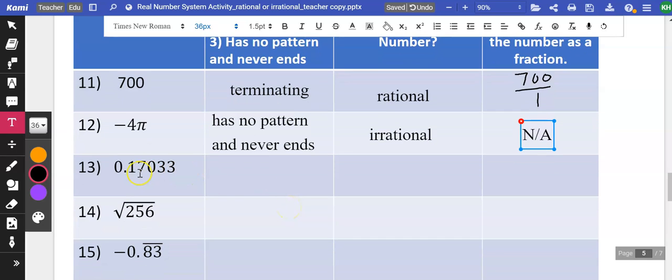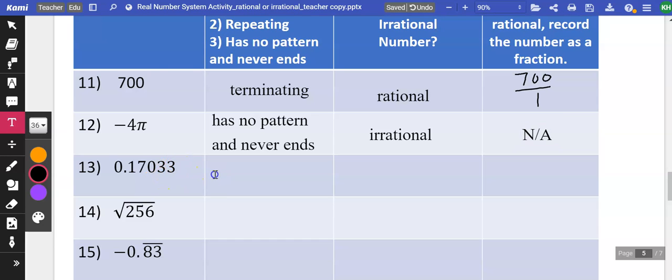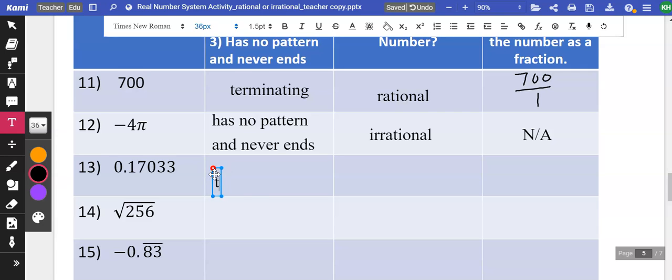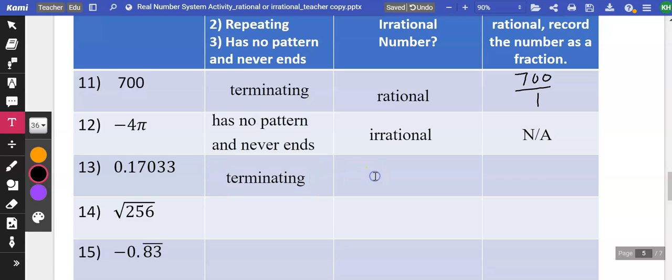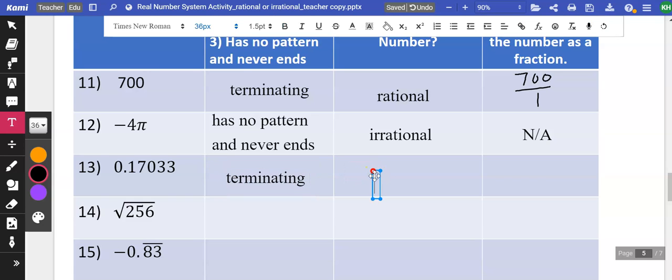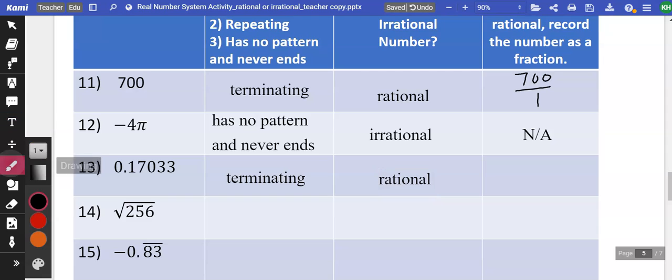Number 13. Now this looks like a pretty long number, but it actually terminates. So this is a terminating decimal, and all terminating decimals are rational numbers. They can be written as a fraction. And to write them as a fraction, we use place value.